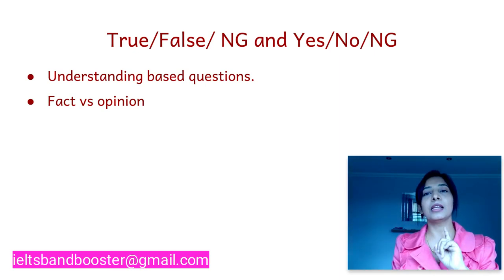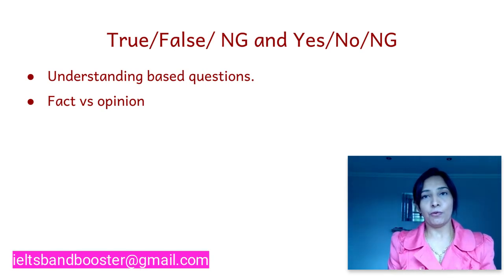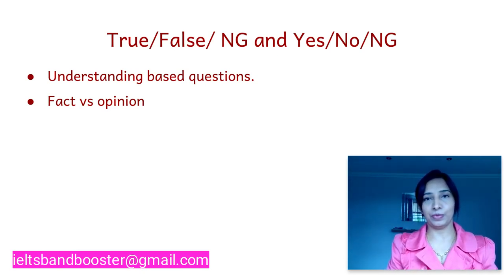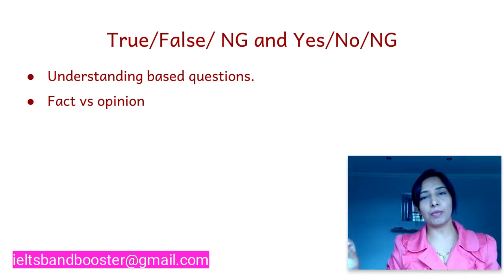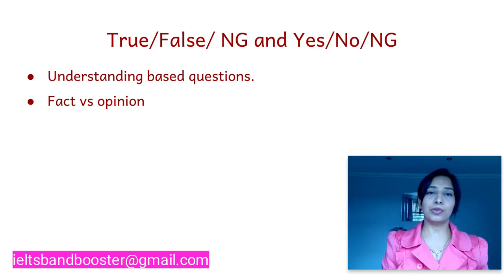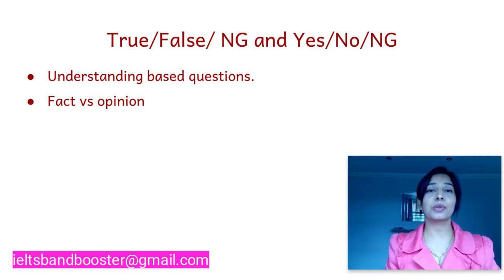And on the other hand, yes, no, not given questions test how you have perceived the author's opinion. So yes, no, not given is all about what the author thinks, the perception or opinion of the author, and true, false, not given is all about the facts, the actual factual information which is given in the passage.